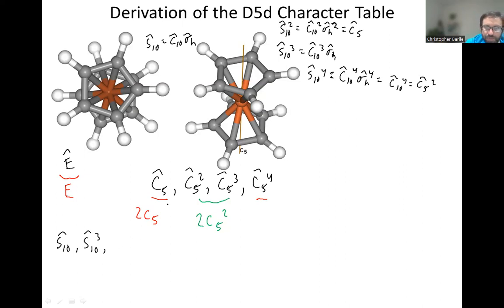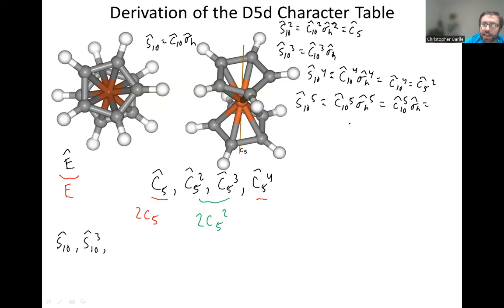That's not unique. What about an S10 five times? That's an odd number of times. So that's equal to C10 five times, followed by sigma H five times. Well, sigma H five times is equal to just a sigma H, so we can simplify that. It's an odd number of flips.